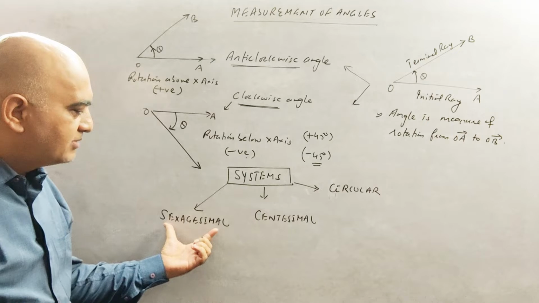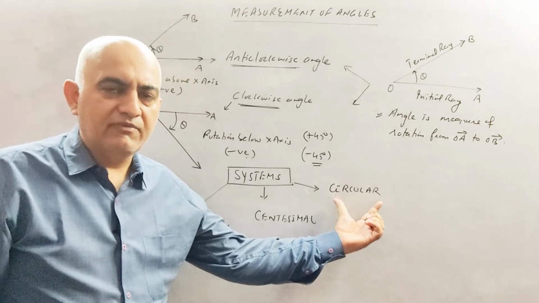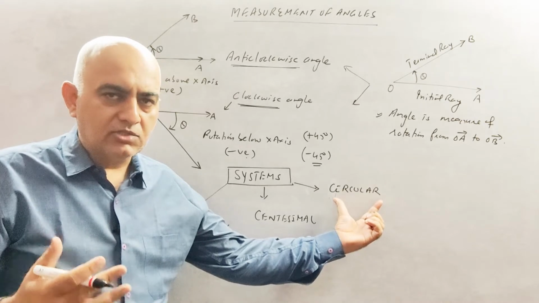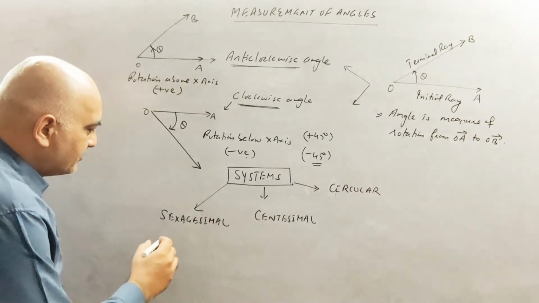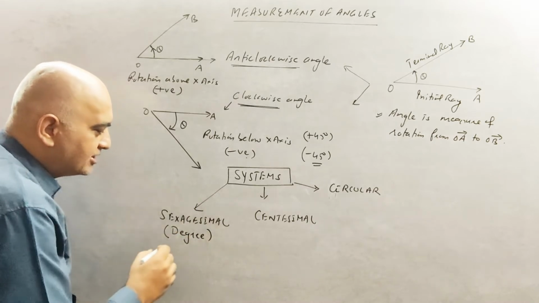So basically, we can use three systems to measure angles: the sexagesimal system, the centesimal system, and the circular system. The sexagesimal system is basically the degree system.